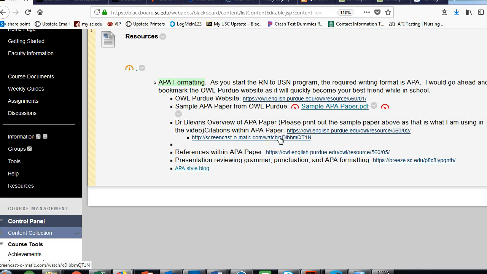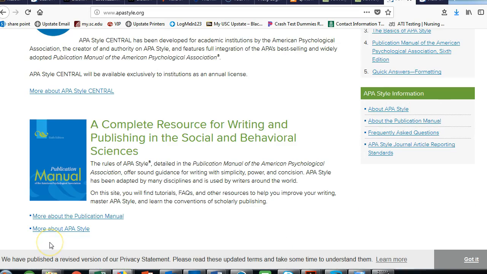The link is right there to watch it, and then you want to print the paper out. Another Purdue OWL link for references. And then there's a Breeze presentation, and then the APA style blog.